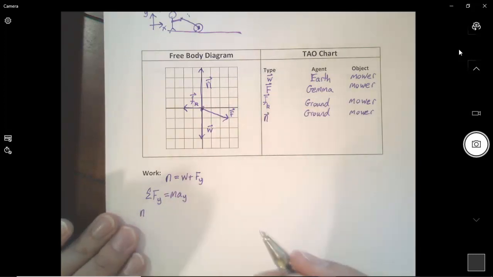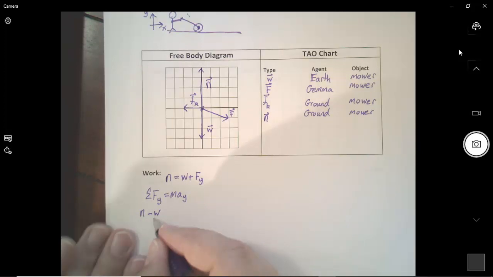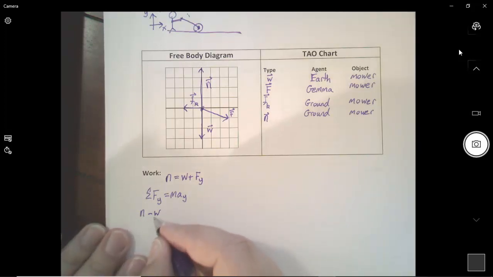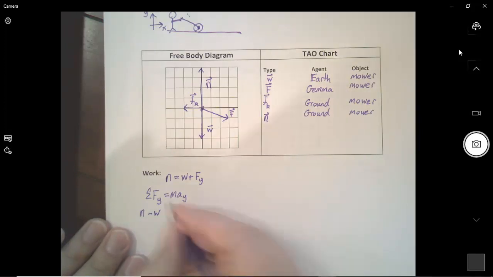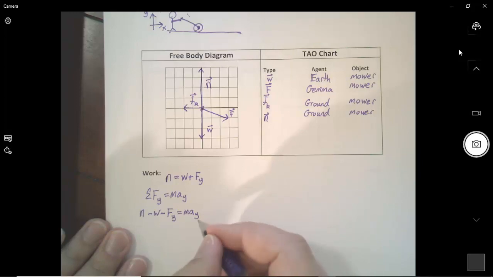So normal force is the only one pointing upward. Weight is pointing downward, so it gets a minus sign. And then Fy is pointing downward, so it would also get a minus sign. The N and the W and the Fy are themselves magnitudes, so those will have positive values, and you're putting the plus and the minus signs out in front of them in order to determine the direction.